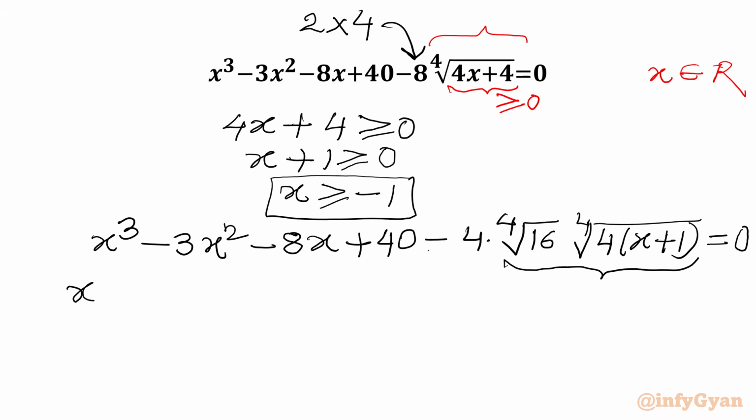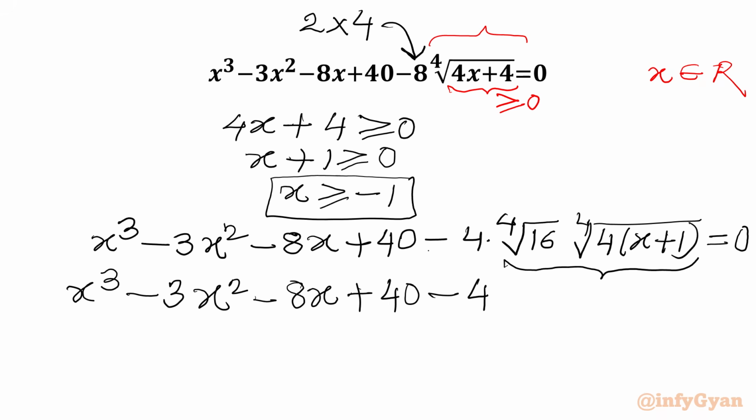So we will be writing x cube minus 3x square minus 8x plus 40 minus 4 times the 4th root of 16 times 4 times x plus 1. Let me write here 16 times 4 times x plus 1 equal to 0.